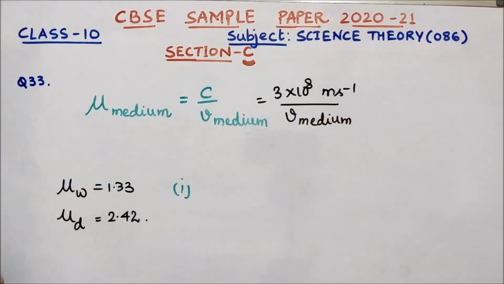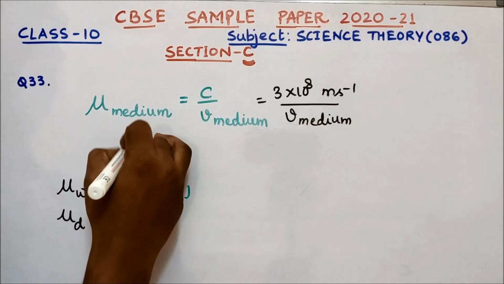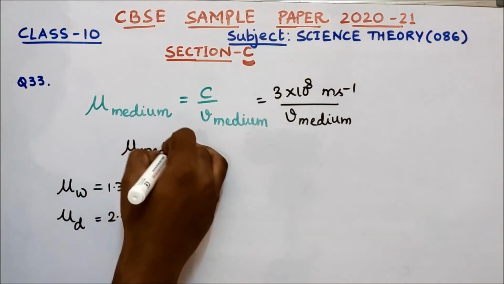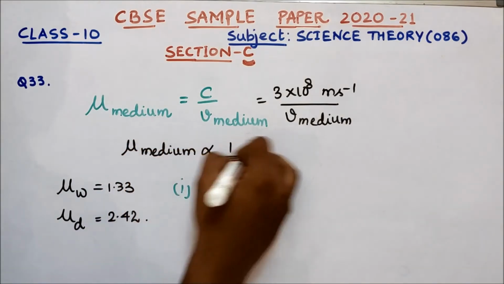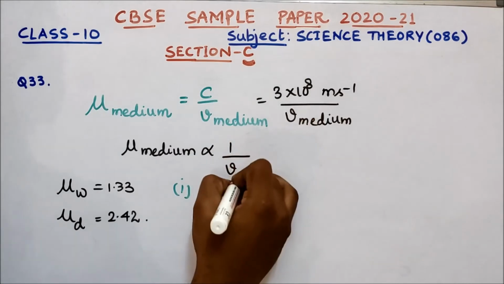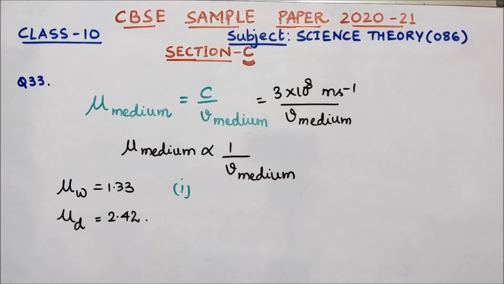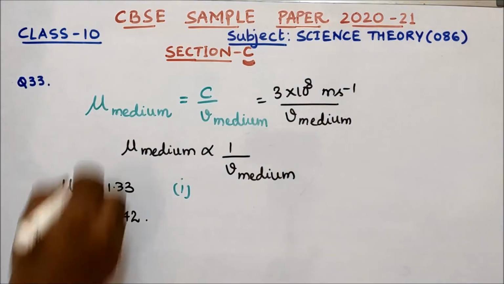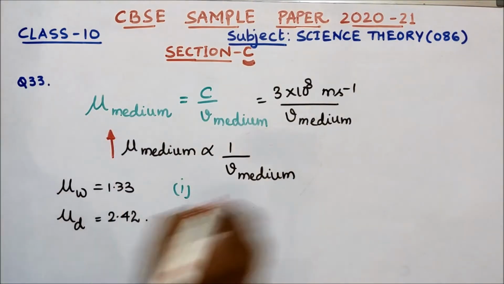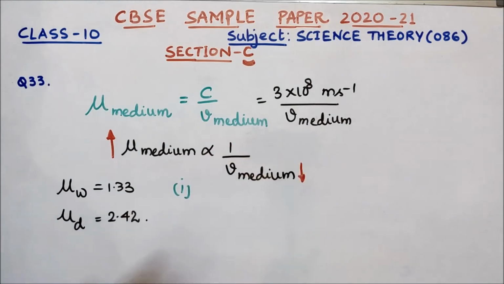By seeing this, what do you understand? The mu medium, that is the refractive index of a medium, is inversely proportional to the velocity of light in the medium. If the refractive index is more, the velocity in the medium will be less, or you can say it is an optically denser medium.